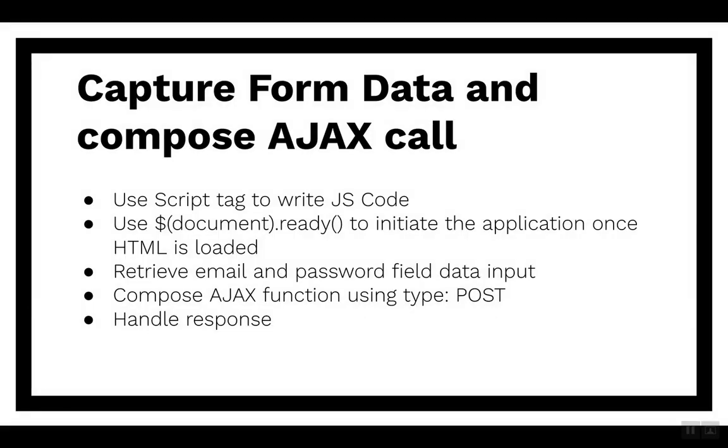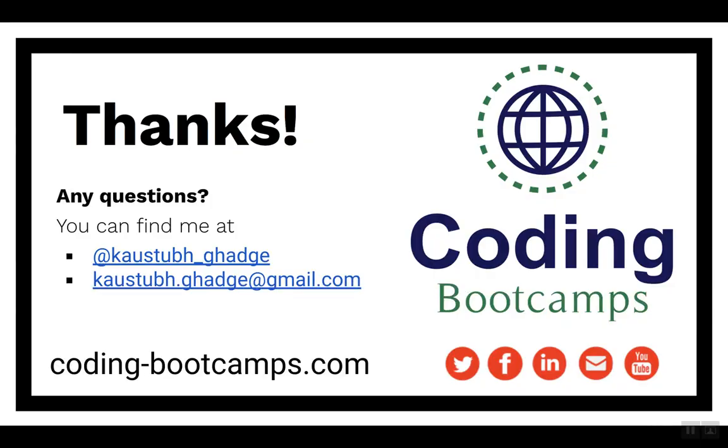We used document ready to make sure that the HTML has actually been loaded before the jQuery runs, and we used the Ajax function with the request type of post, and we handled the response. So that is it. That's the end of project 2. I will see you in the next project. Thank you.